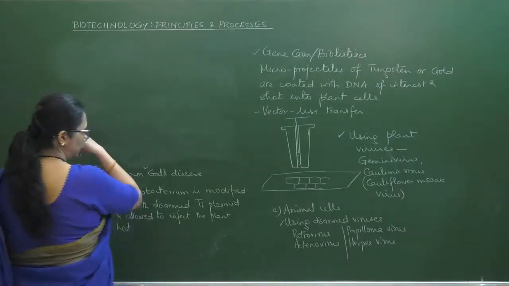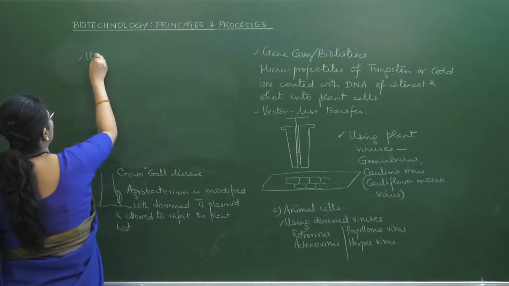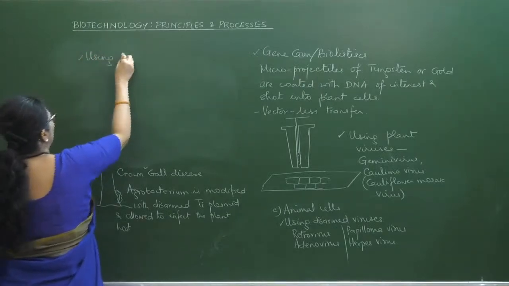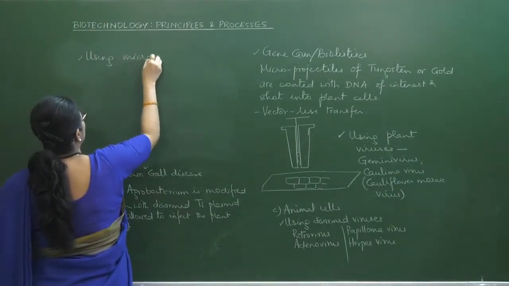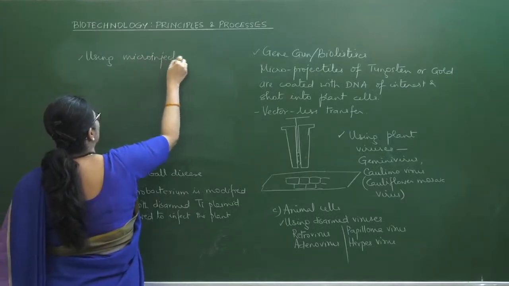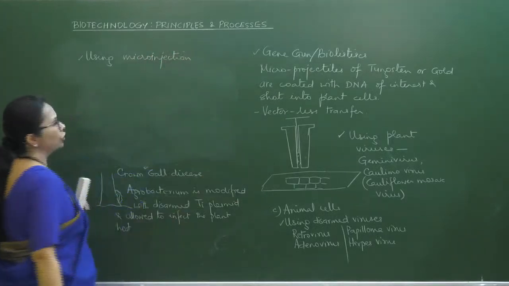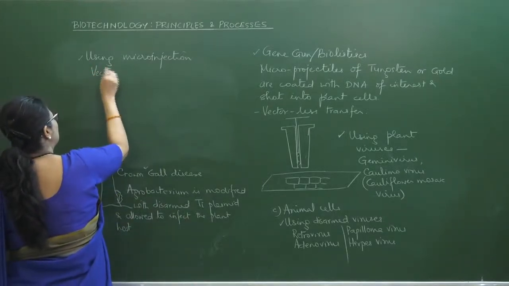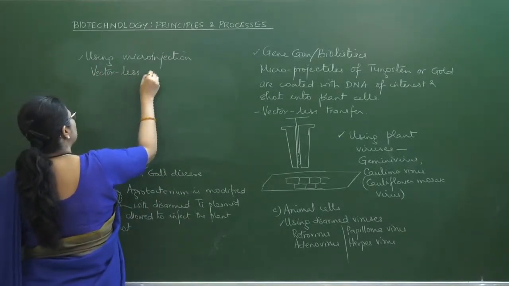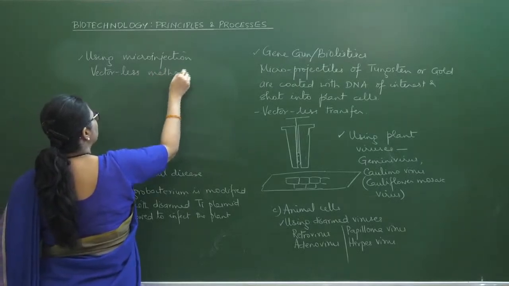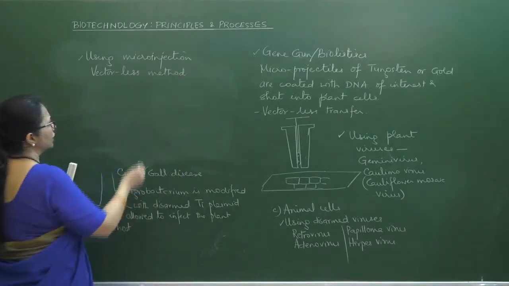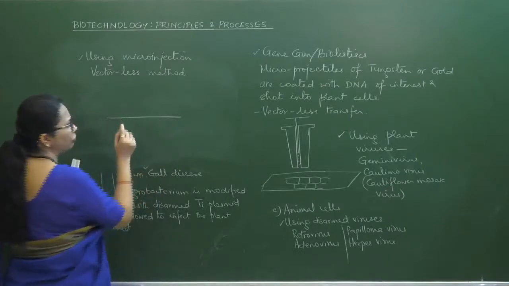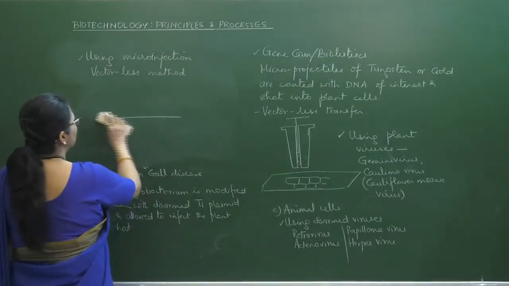Another method is using microinjection. Now this is once again a vectorless method of gene transfer. But of course in this only one cell at a time can be transformed.